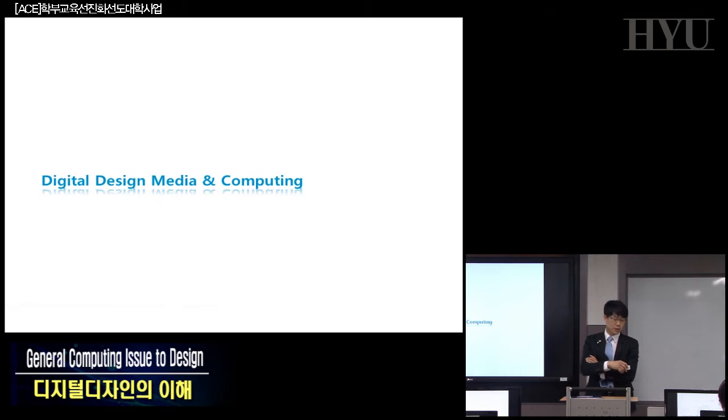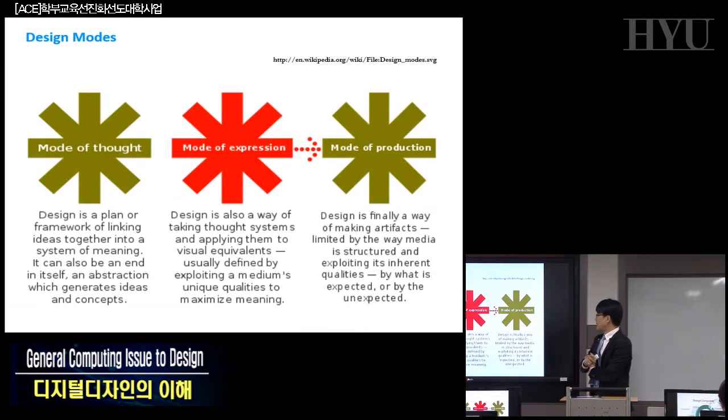So let's review this again, digital design media and computing. I showed you this last week, 3 different types of design modes using a Wikipedia reference image. At first, we have the mode of thought. It's still invisible. What I mean is, even if you have a very exceptional idea, whatever it is, no one can see it except you, because that's still in your brain, in your imagination.